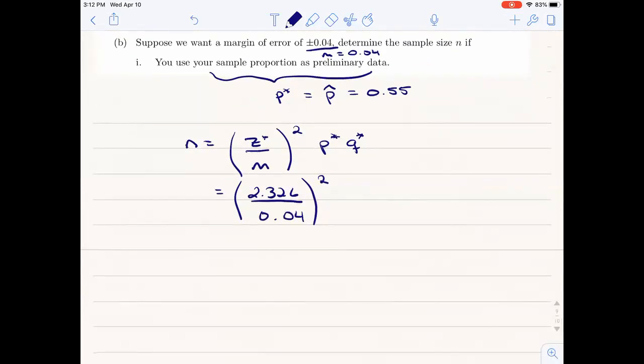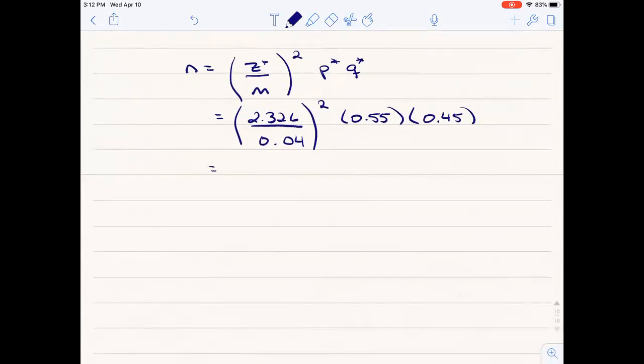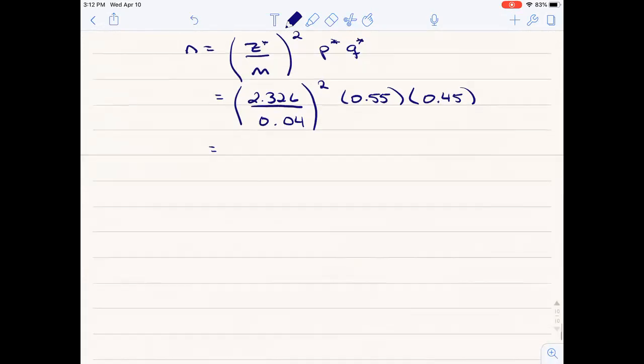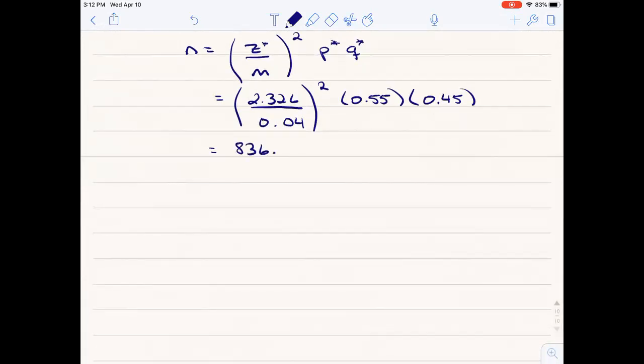Square that, and then using 0.55, and 1 minus 0.55 is 0.45. 2.326 divided by 0.04, square that, times 0.55 times 0.45, I get 836.9020688. So we would need N equal to 837 judges.